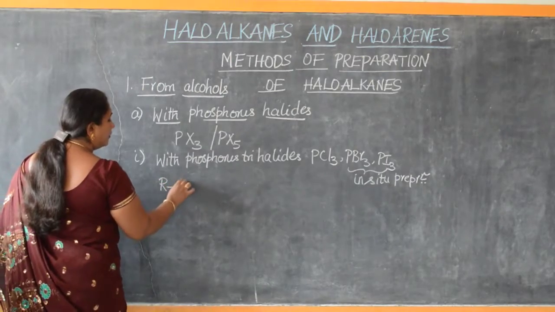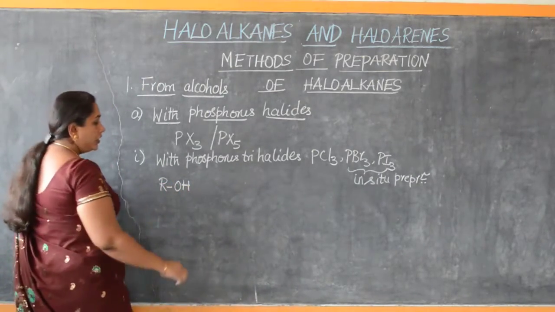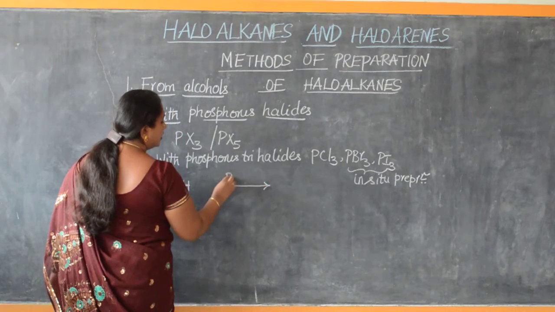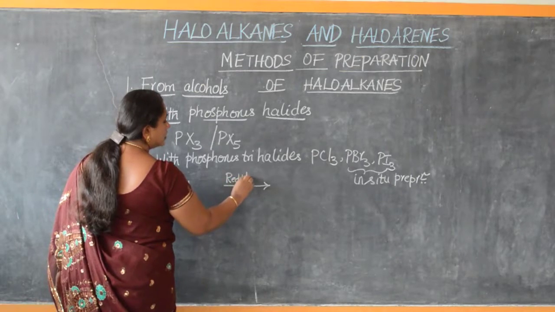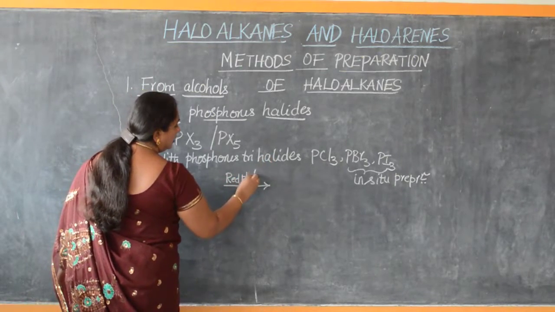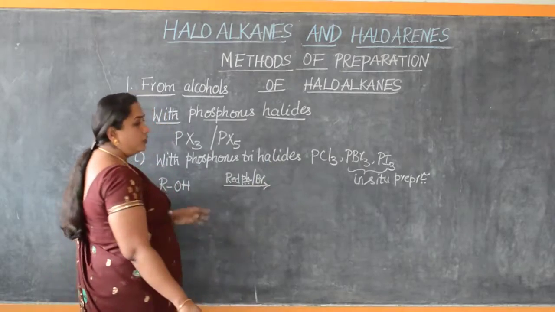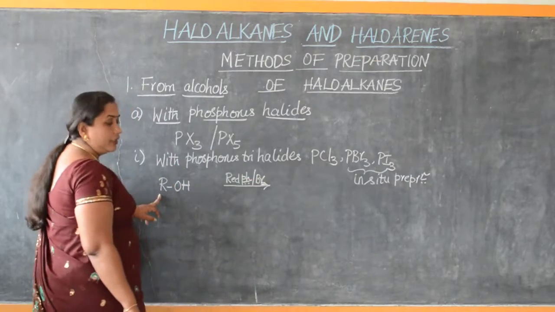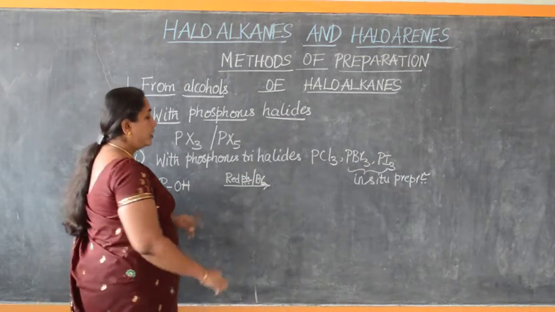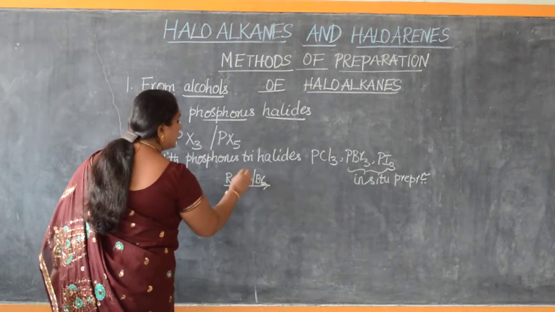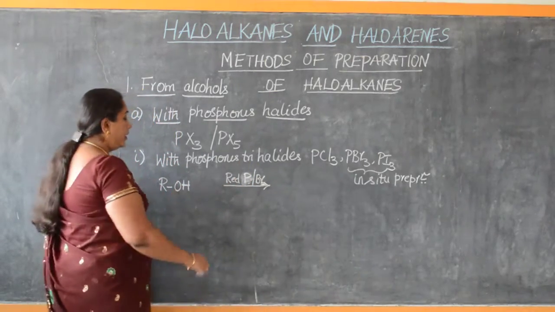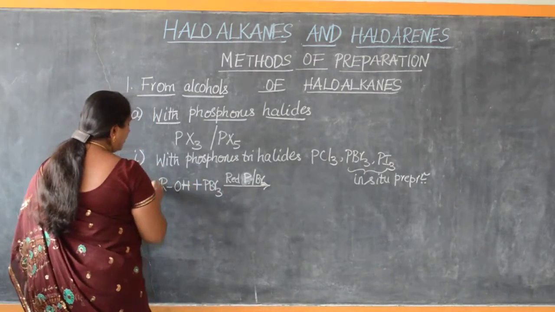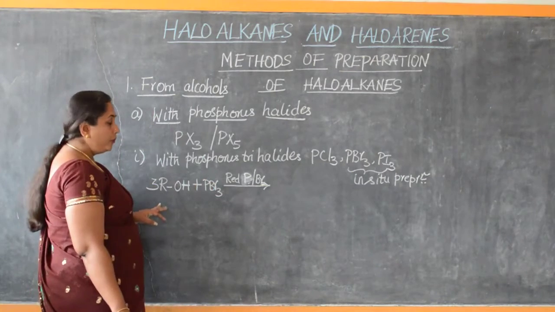Alcohols, general formula we write as ROH, is subjected to treatment with red phosphorus and bromine. If we want to use tribromide, we need to subject it to this treatment. It means alcohol with red phosphorus, let me just write the symbol of phosphorus, red phosphorus with bromine. Then we will end up in the formation of phosphorus tribromide. And what will happen now?